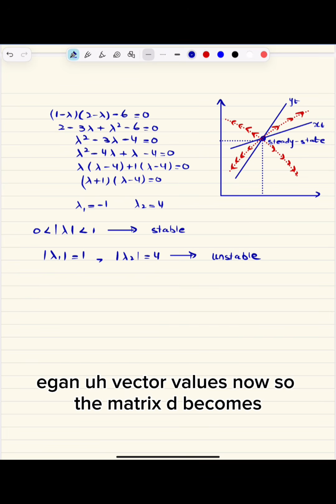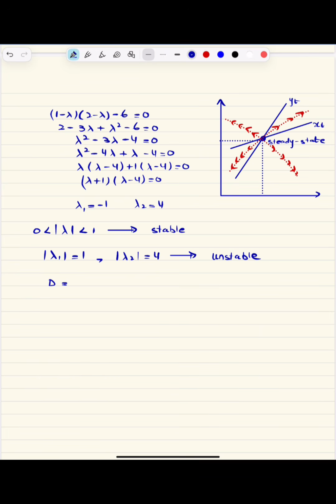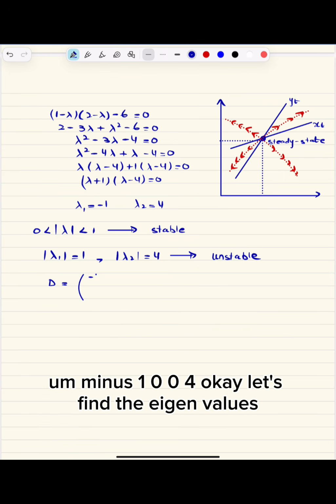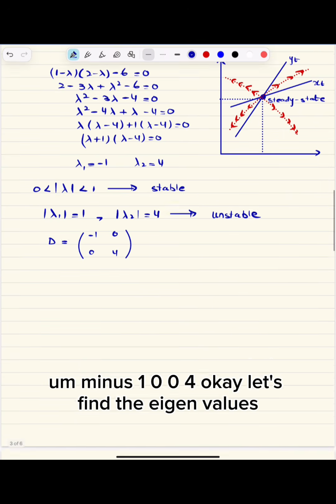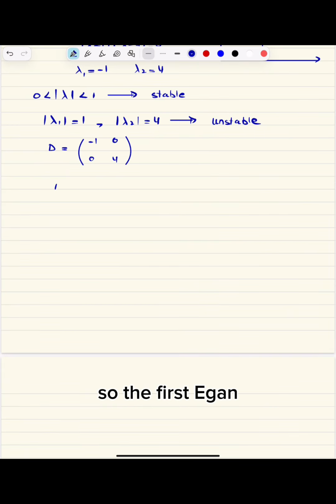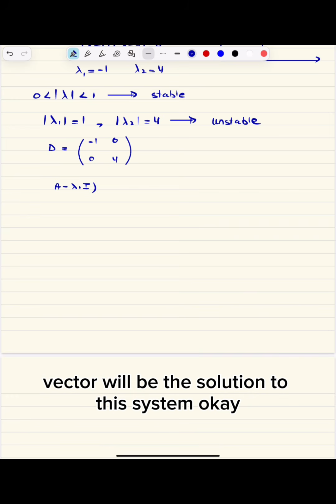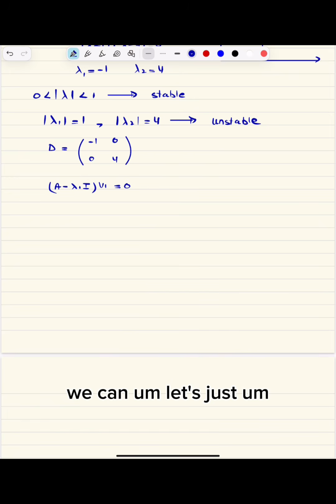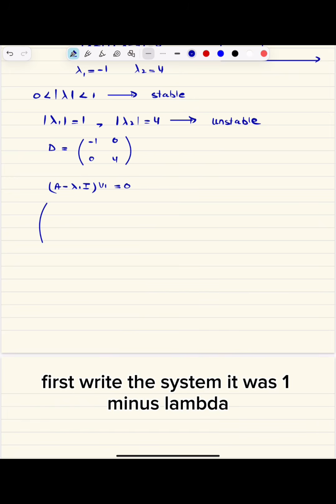Okay, so we have two eigenvalues now. So the matrix D becomes -1, 0, 0, 4. Okay, let's find the eigenvectors. So the first eigenvector will be the solution to this system. Let's just first write the system.